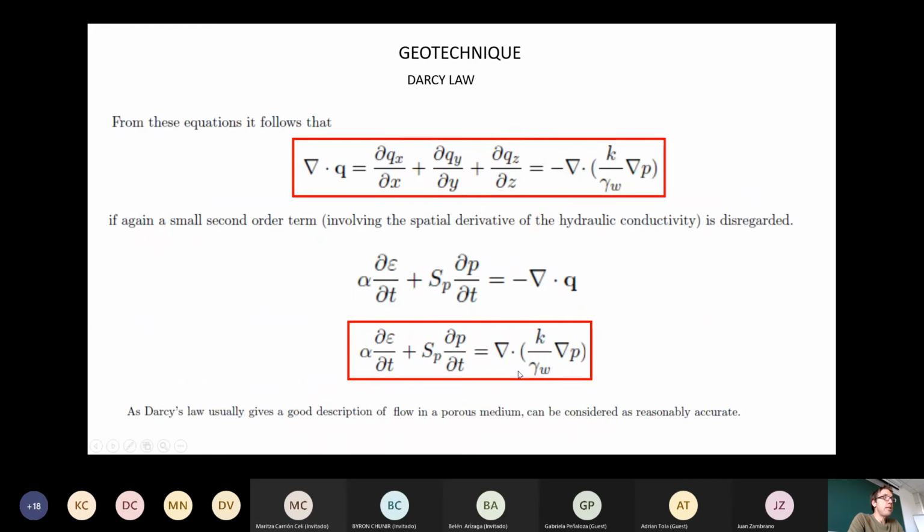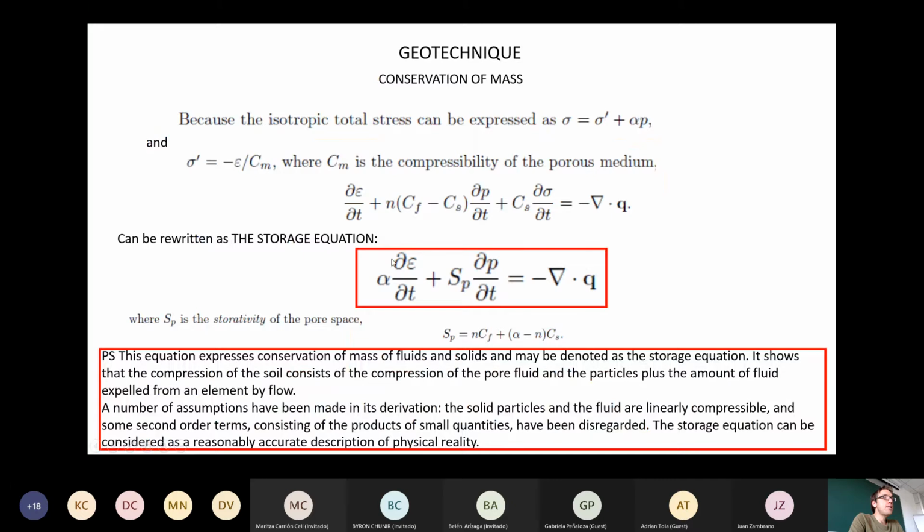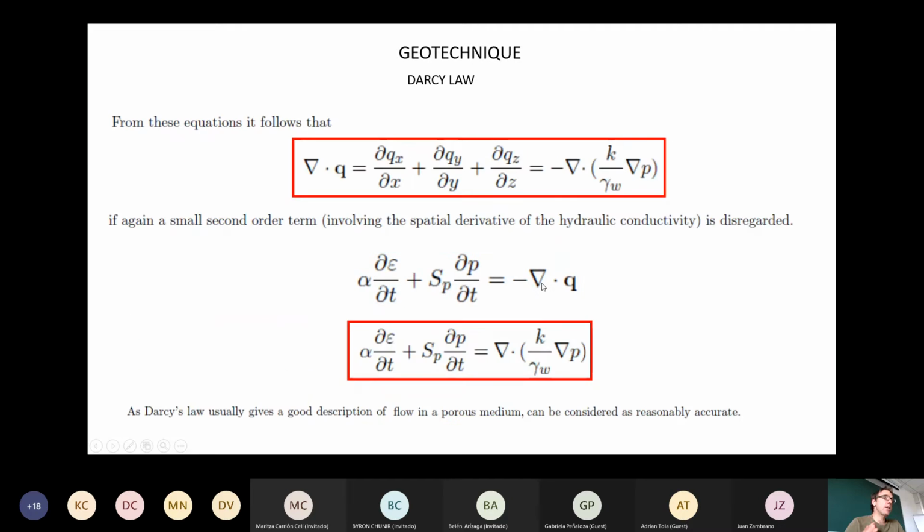By introducing the Darcy law, we can rewrite this storage equation, incorporating the Darcy law inside this new formulation that has at the same time inside consolidation, the principle of Terzaghi, the conservation of mass and Darcy law. So it has all these three different behaviors condensed inside one single formulation.